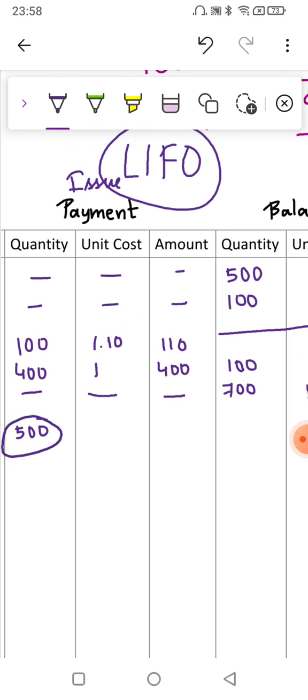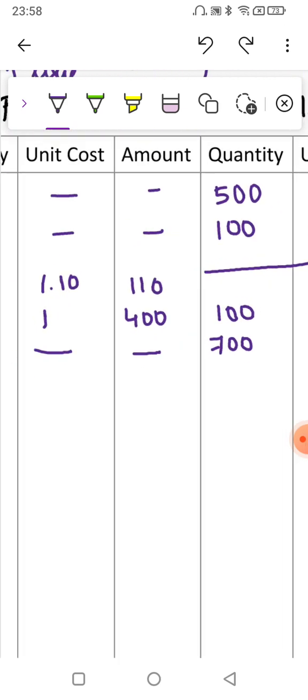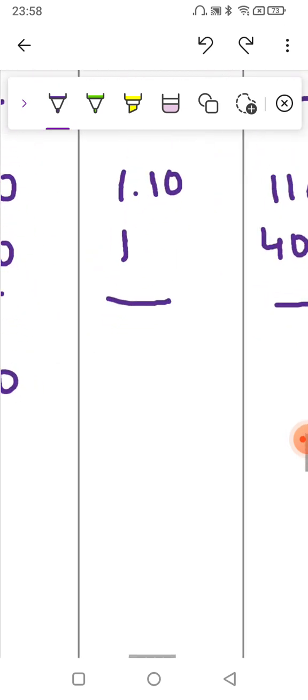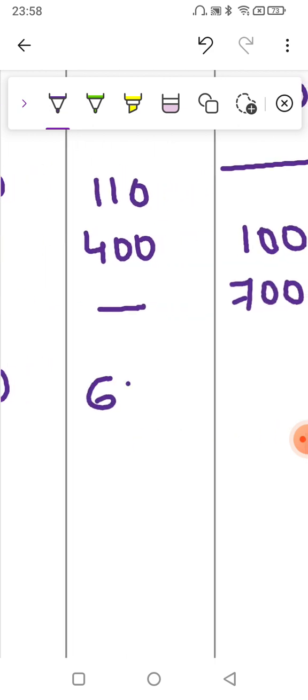So this 500 will be issued from the latest stock of 700 that we had. 700 is more than 500. The per unit cost being 1.20, we multiply 500 with 1.20 and get 600. So we will record it here, 600.